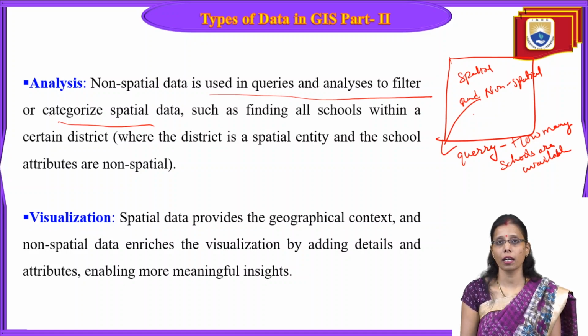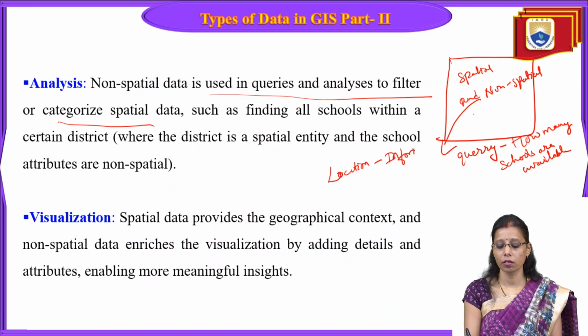Like in Google Map or Google, if you search how many schools are located within 10 kilometers, it will show you the location as well as information. The location is the spatial part, and the information is non-spatial.